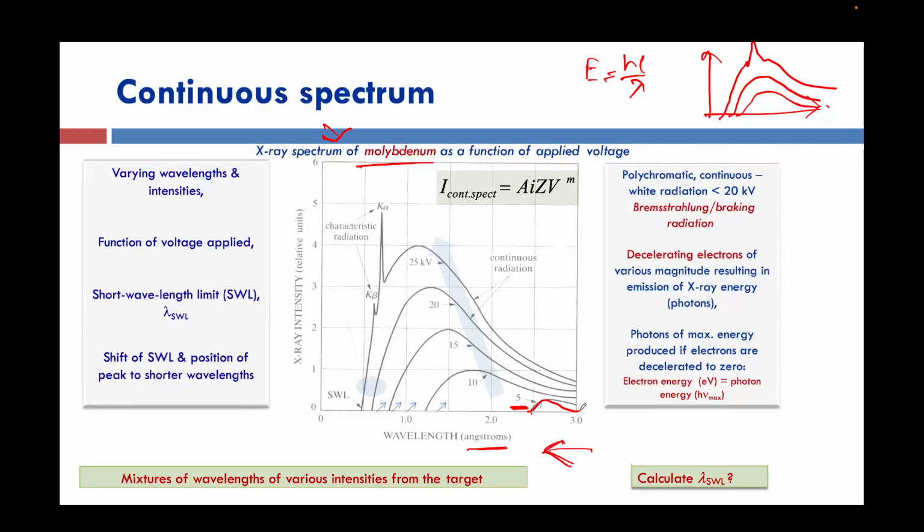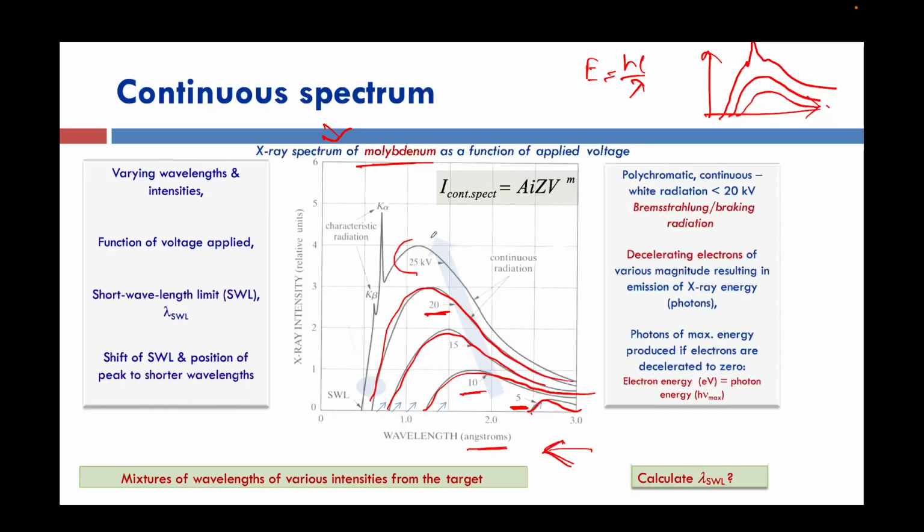That is white radiation or braking radiation. Similarly, when I apply 10 kilovolt, I am not able to get the characteristic spectrum. All the spectra I get up to 20 kilovolt, that energy is still not sufficient to knock out a molybdenum K shell electron.